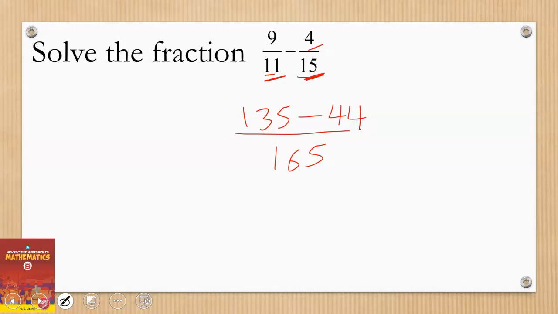So when we do the subtraction of 135 minus 44, we have 91 divided by 165. Can any number divide 91 and 165 at the same time? You can see that there isn't any number, and so we leave our answer as such.